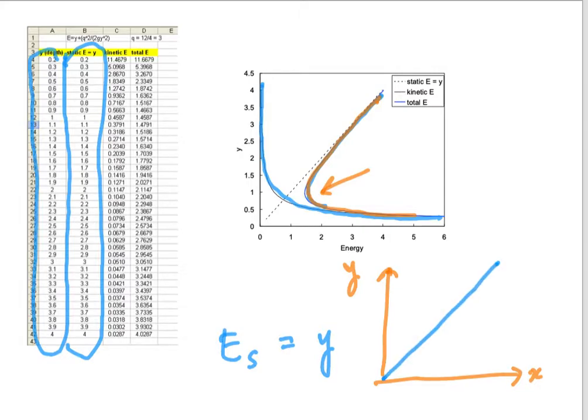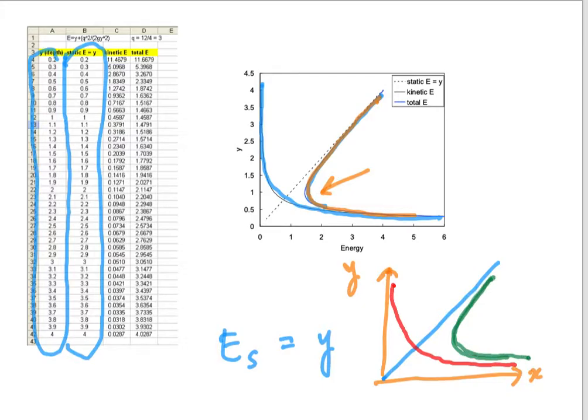Then you draw the kinetic energy curve, something like this. The total curve, or the total pattern of the specific energy, will lie in this region. This is the rule to draw the specific energy curve. It must only occur in this region.